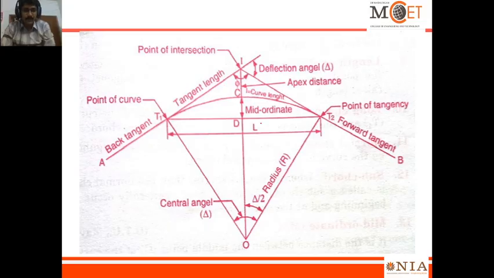The chord length is denoted by L, and this is the curve length. The mid-ordinate, and the remaining portion up to the point of intersection I, is called the apex distance. So these are the terms you have to remember.